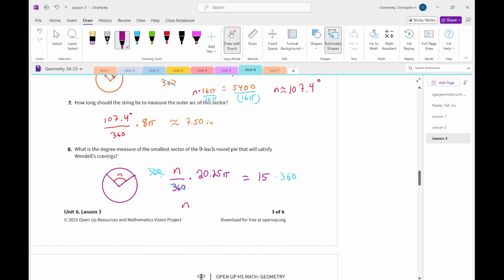So then we have n times 20.25 pi equal to 5,400. And we'll divide both sides by 20.25 pi. Make sure you put parentheses around that in your calculator.